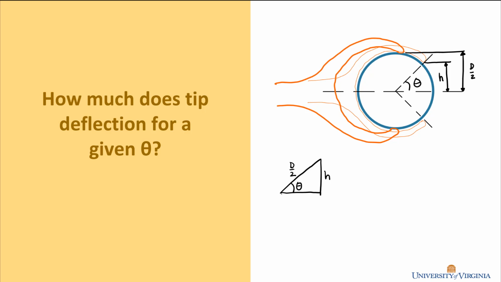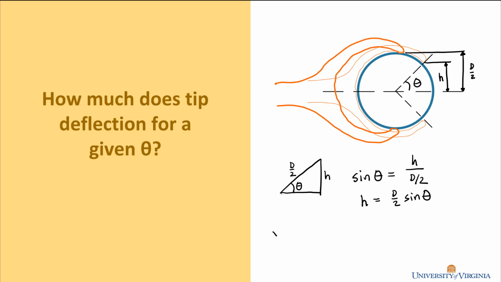And then the original height of the plastic part when it's not deflected is h. Well, you all know that the sine of theta is opposite over hypotenuse, so that's h over d over 2. And if we want to solve for h, then we just move the d over 2 to the other side. So h is d over 2 times sine of theta.